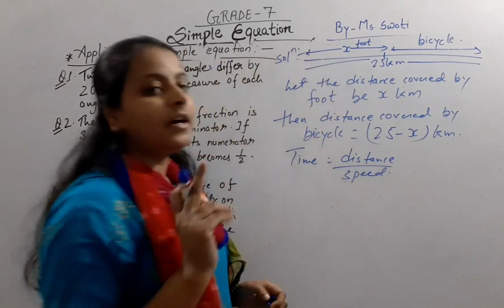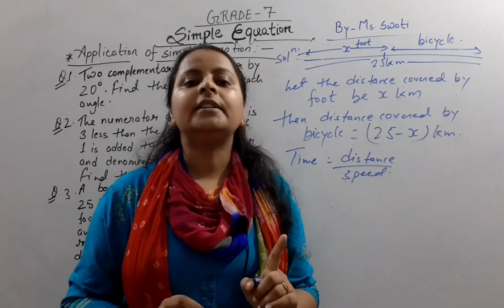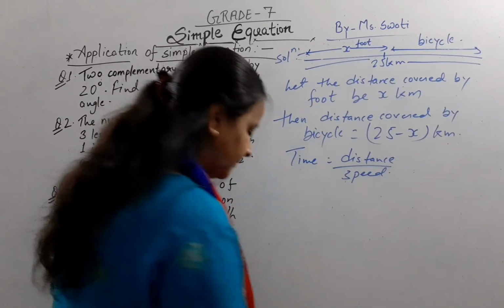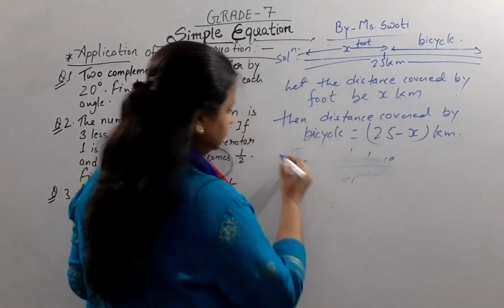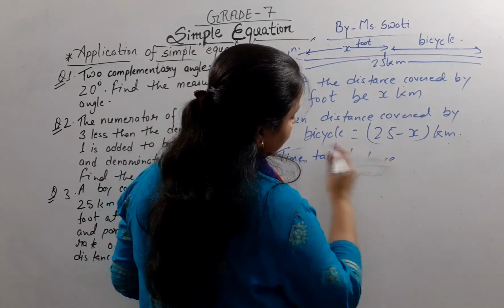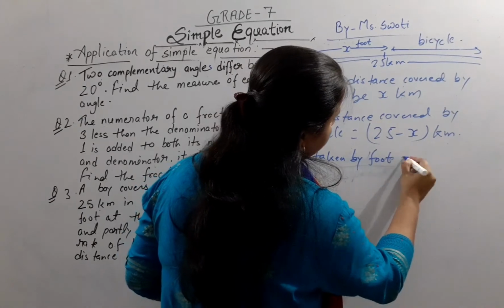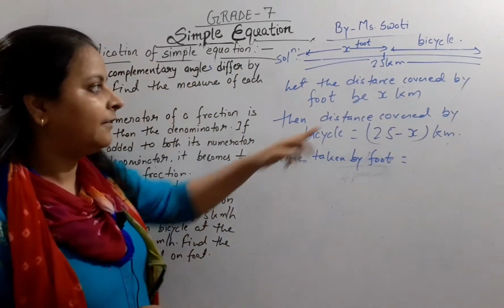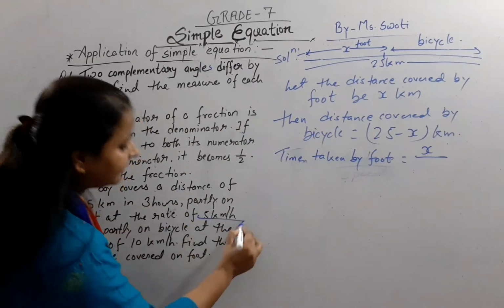Okay. So first we find out the time taken to cover the distance by foot. Time taken by foot: distance covered by foot is x kilometer and the speed by foot is given, 5.